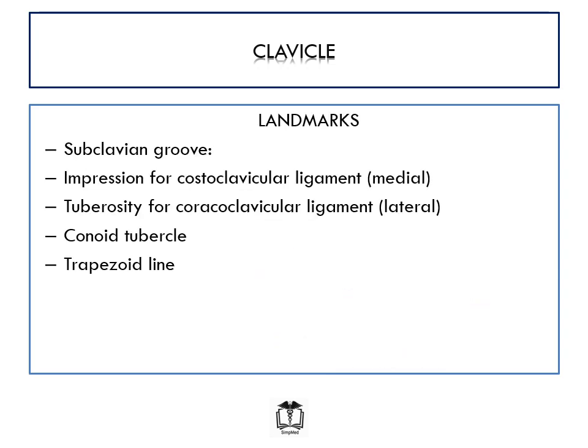The last thing to talk about under the clavicle would be the landmarks of the clavicle. So what are landmarks? Landmarks are practically depressions and elevations found on bone surfaces. It's very important to note that bones do not contain smooth surfaces. Most bones tend to have either a bulge or a depression, and these bulges or depressions are called landmarks.